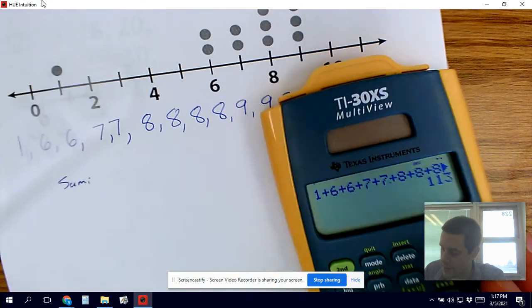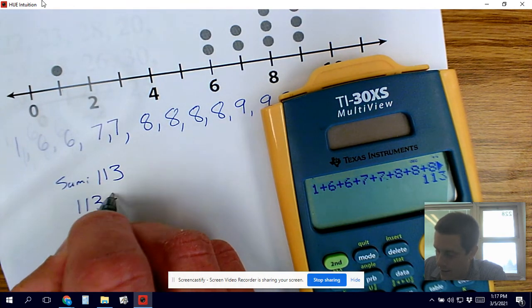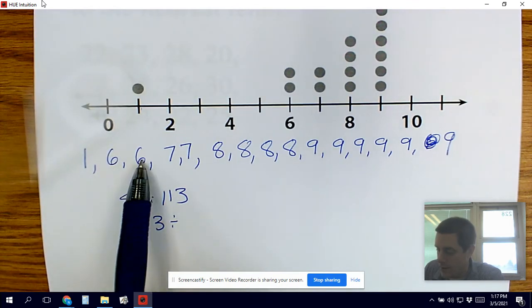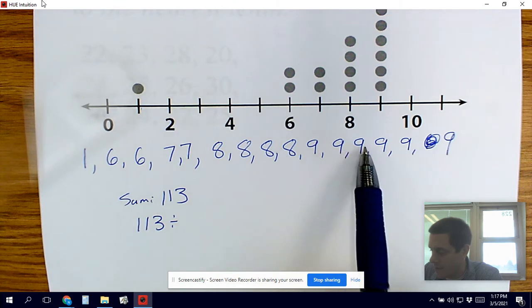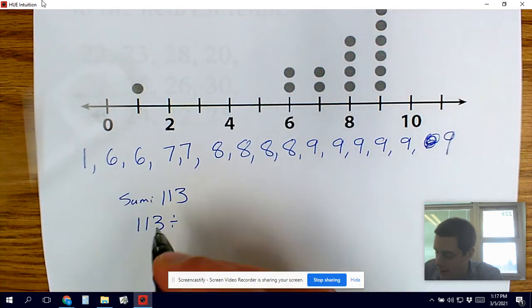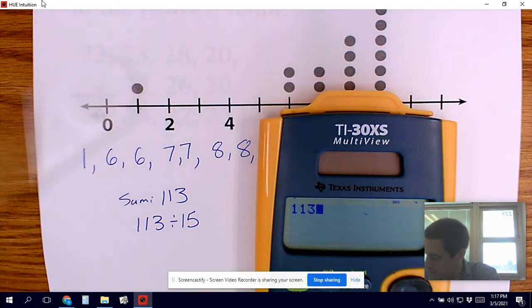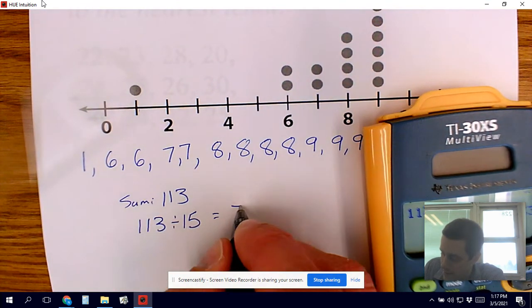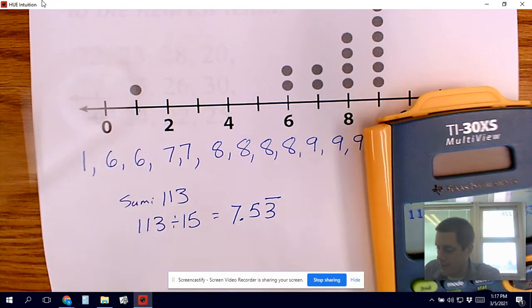We get a total sum of 113, and now we'll divide 113 by the number of elements in the set. There were 1, 2, 3, 4, 5, 6, 7, 8, 9, 10, 11, 12, 13, 14, 15 in this set. So 113 divided by 15, we get 7.5 with a repeating 3. So we would write that as 7.5 with a repetend bar on the 3.